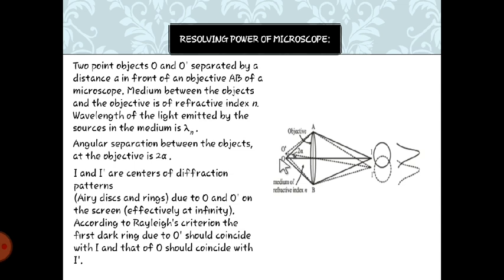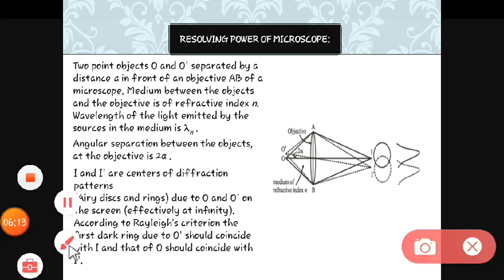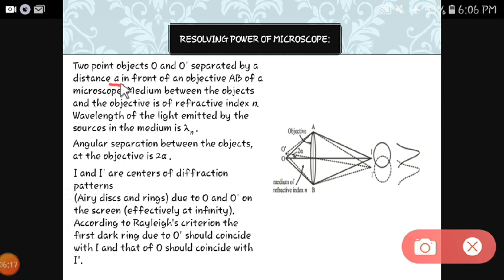O dash and O are the two objects separated by a distance A. The distance between them is A. Some concepts you have to remember and write when you are writing an answer. When you draw a diagram, the diagram plus the description of the diagram will give you the total marks.